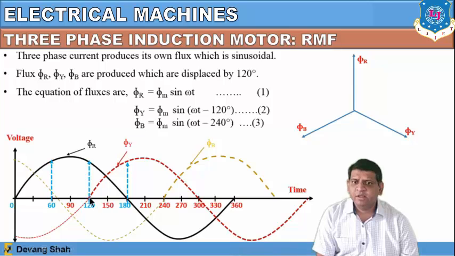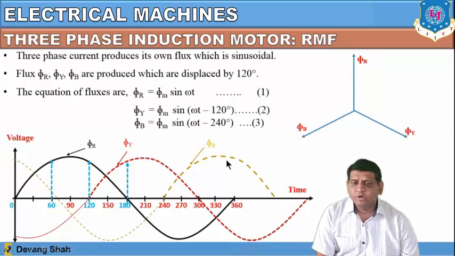After 120 degrees there is the production of phi Y, and after 240 degrees the production of phi B. In terms of the waveform, these mathematical equations represent the production of magnetic flux in the three-phase induction motor. All the fluxes are produced at different angles: one at 0, another at minus 120, the third at minus 240.